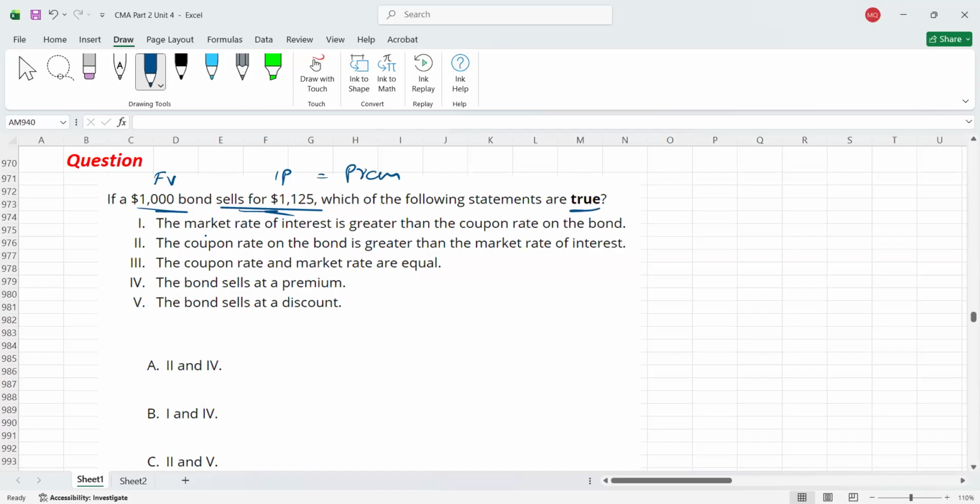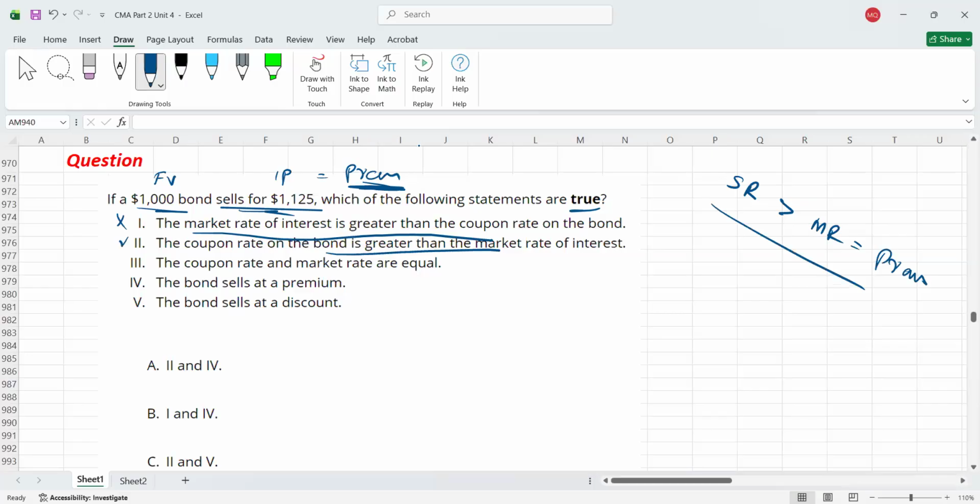Whenever a premium arises, the stated rate will be greater than the market rate. Statement one: the market rate of interest is greater than the coupon rate. No, the stated rate is greater than the market rate, so this is not correct. Statement two: the coupon rate on the bond is greater than the market rate. Yes, this is true.